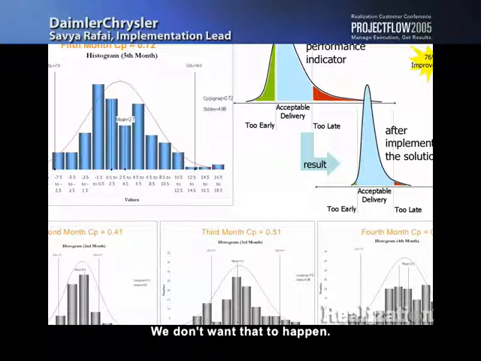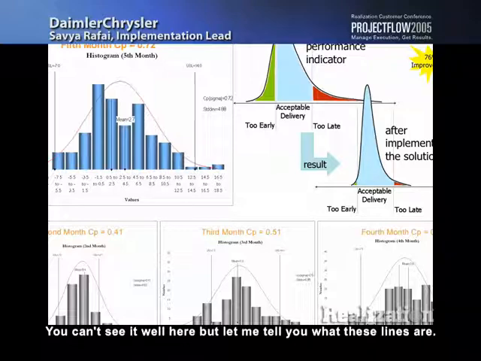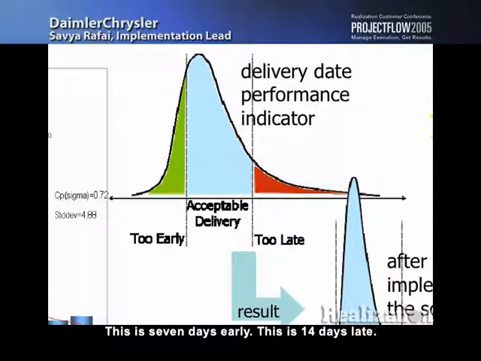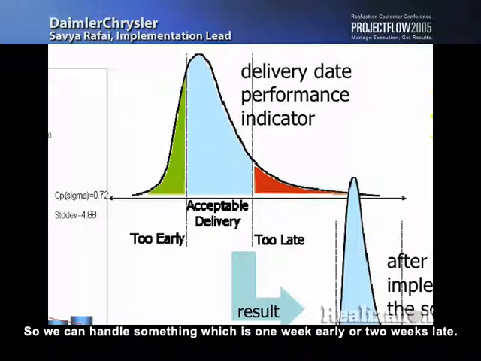We don't want that to happen. So one of the boundaries for us is, you can't see it well here, but let me just tell you what these lines are. This is 7 days early, this is 14 days late. So we can handle something which is 1 week early or 2 weeks late.